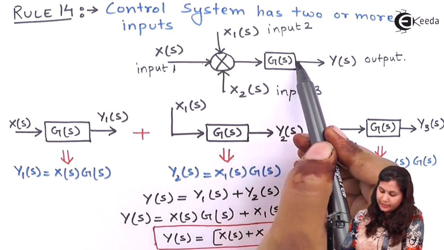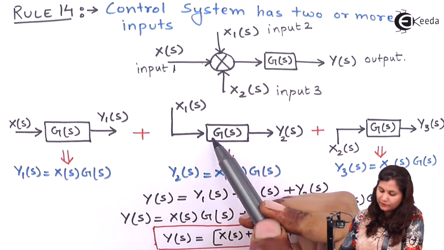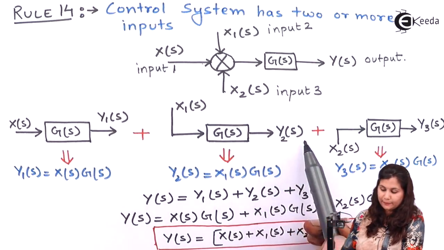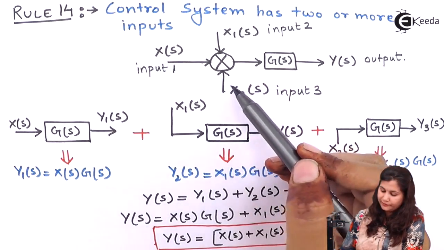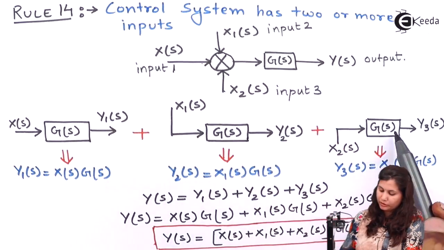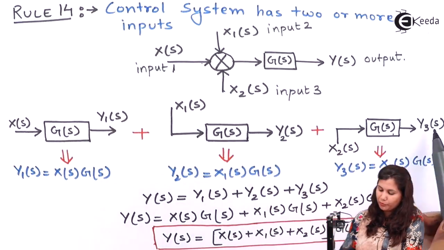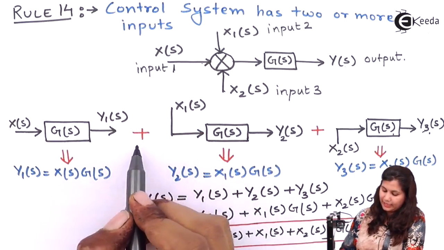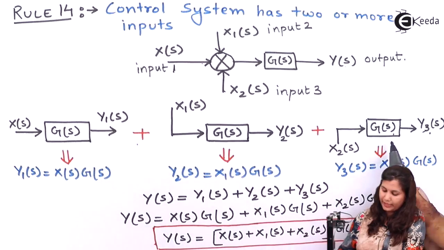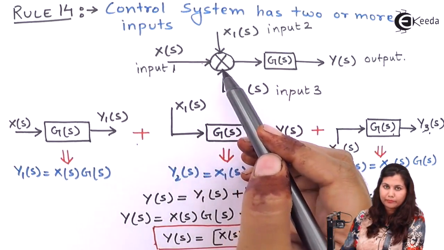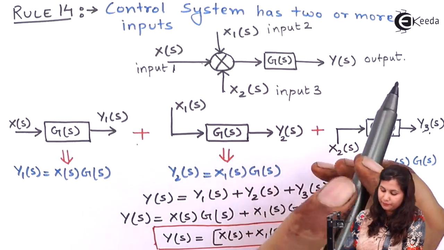Now for the second input we have X1s, Gs, and the output is taken as Y2s. And for the third we have X2s as the input, then the block Gs, and the output is Y3s. Now if we sum up these 3 cases, that is we add these 3 block diagrams, we get the same block diagram of this control system.